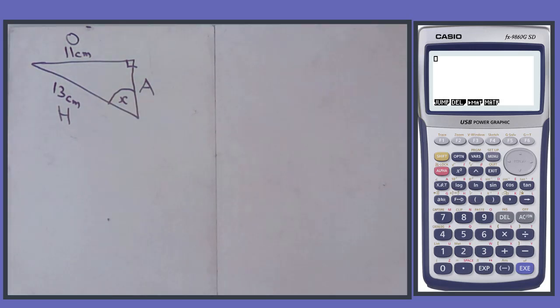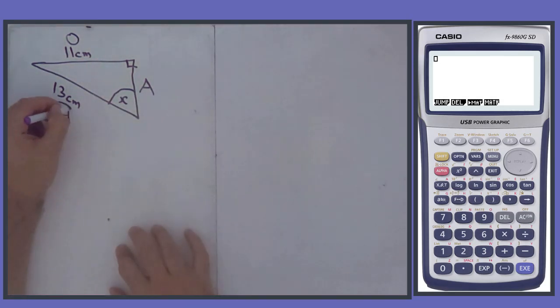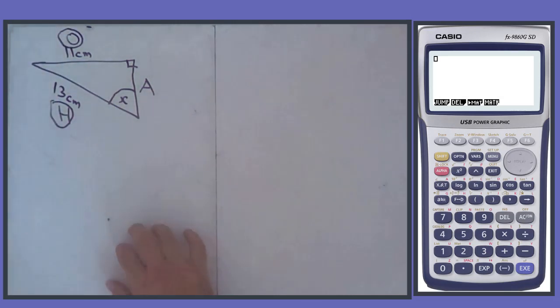Now we do the ring, so ring the two sides that are involved. So that's the 13 because we're going to use it, and that's the 11 because we're going to use it. Right, so you've got your SOHCAHTOA.